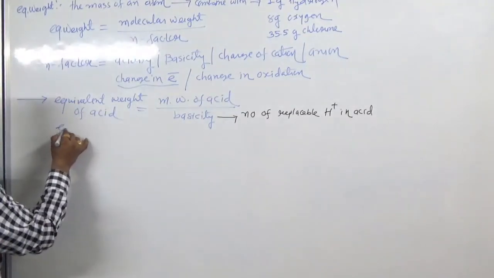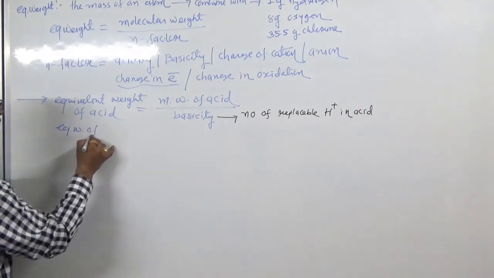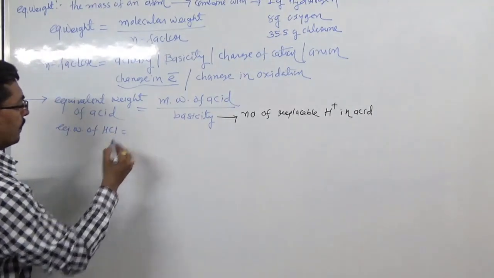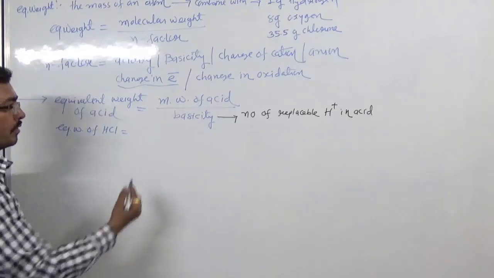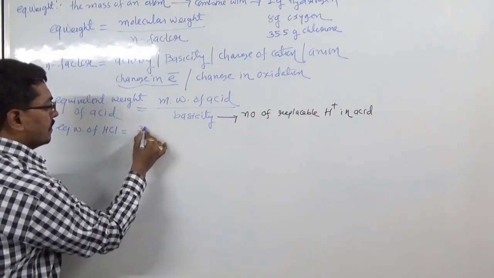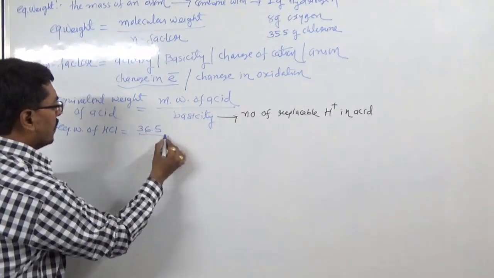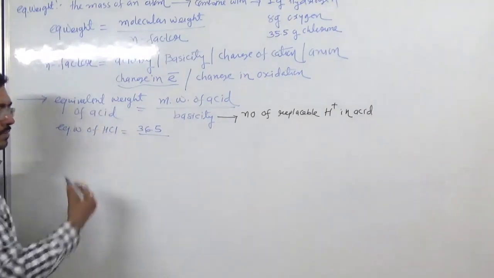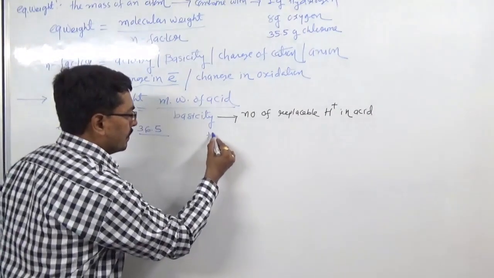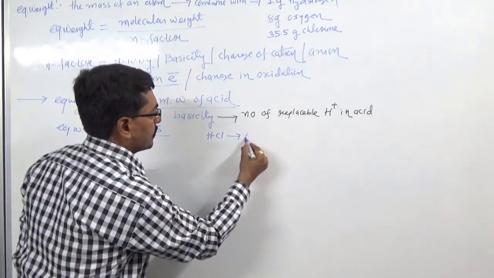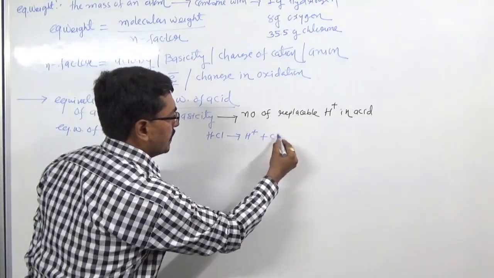Now for example, if we want to find the equivalent weight of hydrochloric acid, we know the molecular weight of hydrochloric acid is 36.5. For hydrochloric acid the replaceable H plus ion is only 1. In aqueous solution, it gives H plus and Cl minus.